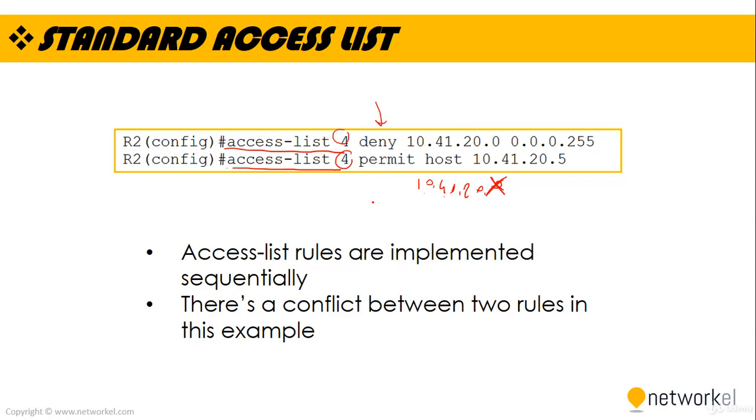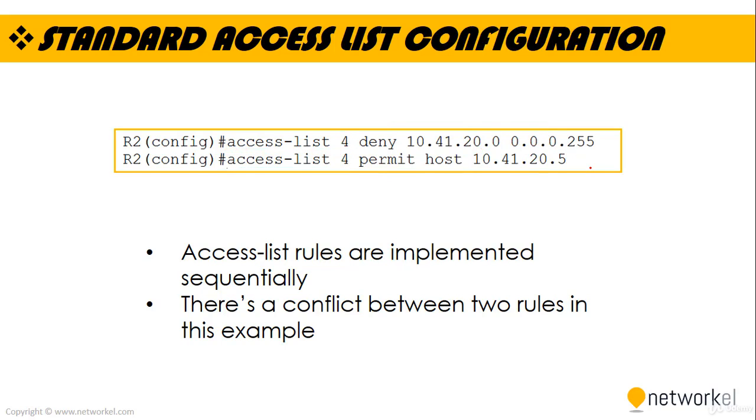The second statement, we are permitting the host 10.41.20.5 in here. Okay, access list rules are implemented sequentially as I told you. In the first statement, we are also denying this IP address, so the traffic will be blocked even if we type this IP address with a permit statement in here. As you can see, there's a conflict between two rules in this example.